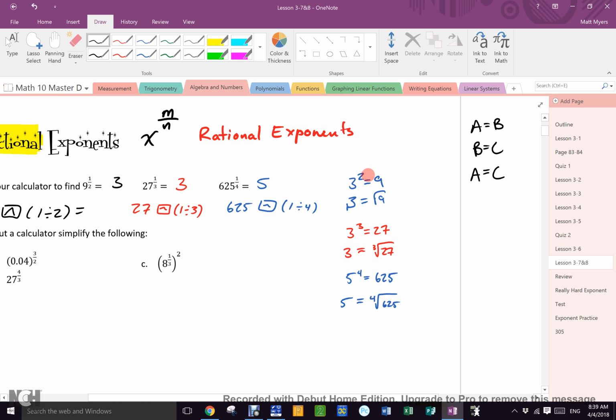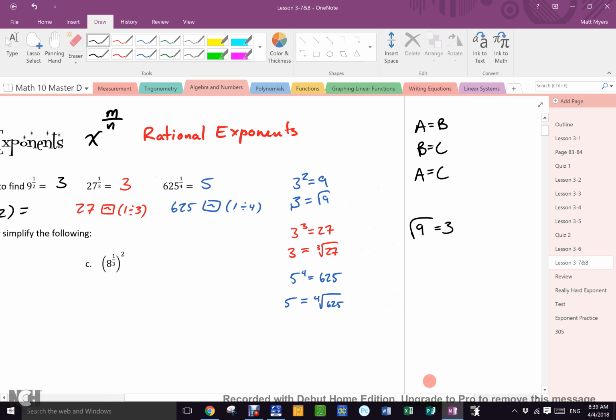So, if the square root of 9 equals 3, and 9 to the 1/2 equals 3, then what do we know about 9 to the 1/2 and the square root of 9, which is going to show up in a second?